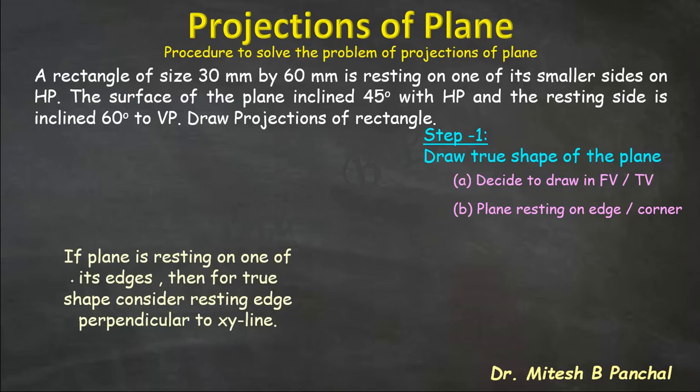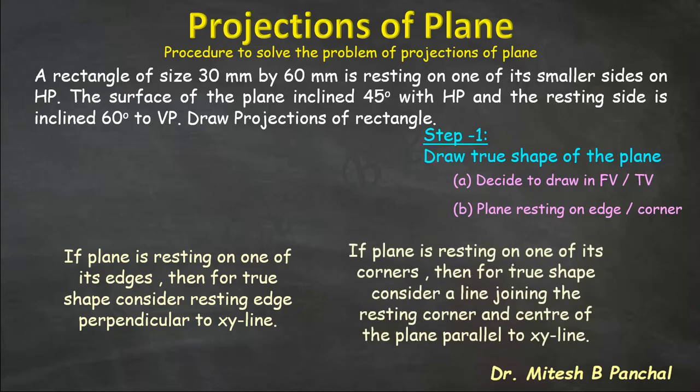The condition is that if the plane is resting on one of its edges, then for the true shape, consider the resting edge perpendicular to xy. Okay? We have to consider the true shape in such a way that the resting edge is perpendicular to xy.